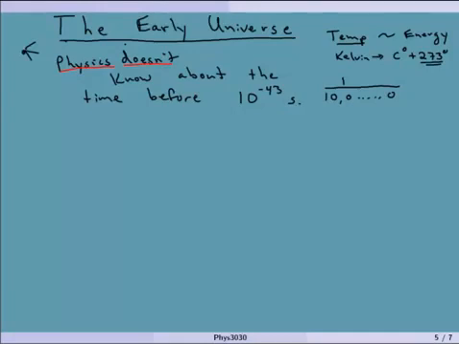And this is the realm, again, of quantum gravity, and it's actually what my research is on. There's not much that we can say about it. This time scale relates to about 10 to the negative 35th meters, and this is called the Planck length.